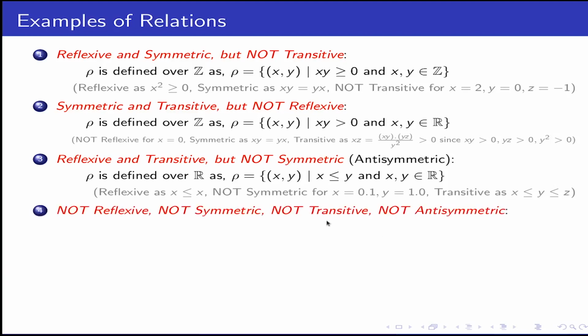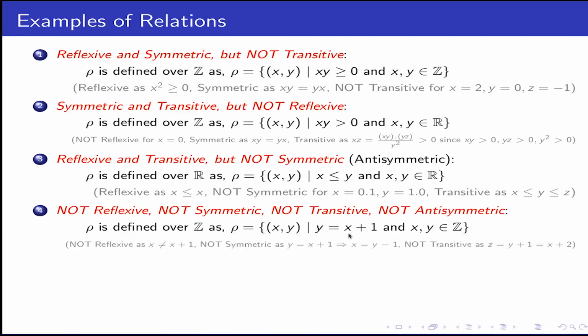Not reflexive, not symmetric, not transitive, not antisymmetric. This one. Please check. If I try to relate two elements where the later element is equal to the first element plus 1, y equal to x plus 1. So why is it not reflexive? If you try to relate two elements, x equal to x plus 1, not the case.